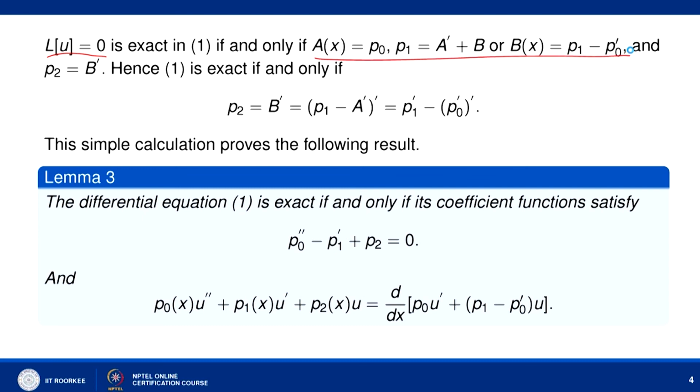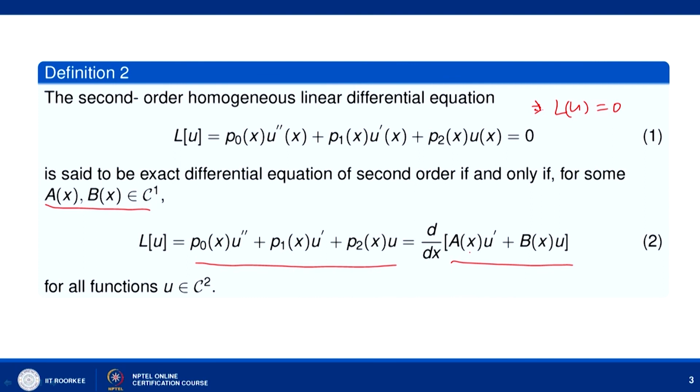How do we get this relation? If you simplify this, you can write it as a dash u dash plus a u double dash plus b dash u plus b u dash. If you collect the coefficients, it is a u double dash plus u dash times a dash plus b, plus b dash u.